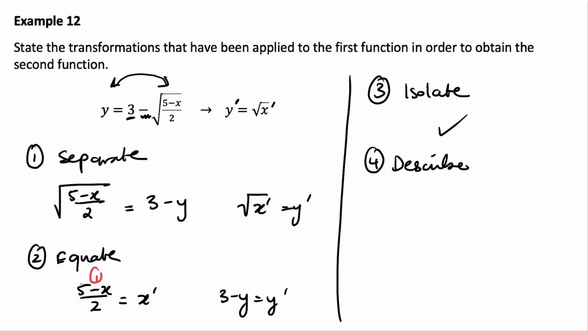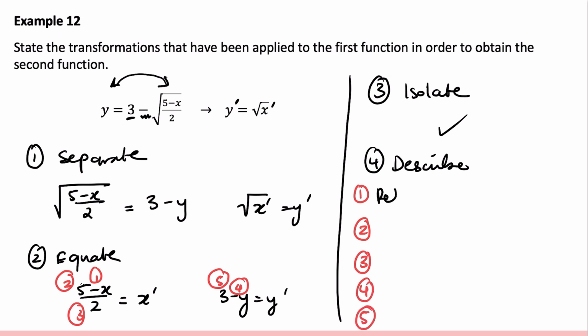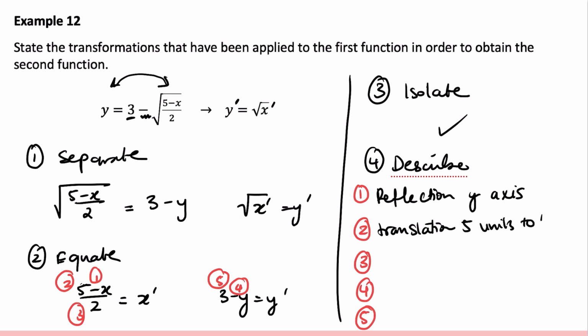So reflection first, that's closest to x. Then this one, this, reflection, and so lots of transformations happening here. Right, so we've got a reflection in the y-axis, translation 5 units to the right, because it's a positive number.